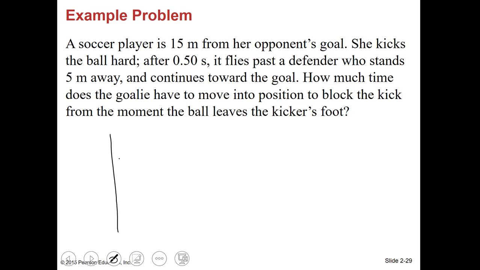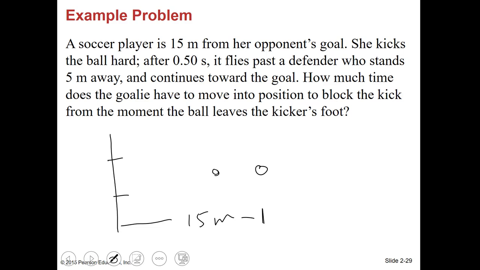Let's just say that this is the goal, and the soccer player is 15 meters away. So here's where the ball initially is, 15 meters away. She kicks the ball hard. After half a second, it travels 5 meters. So after half a second, the ball is here.